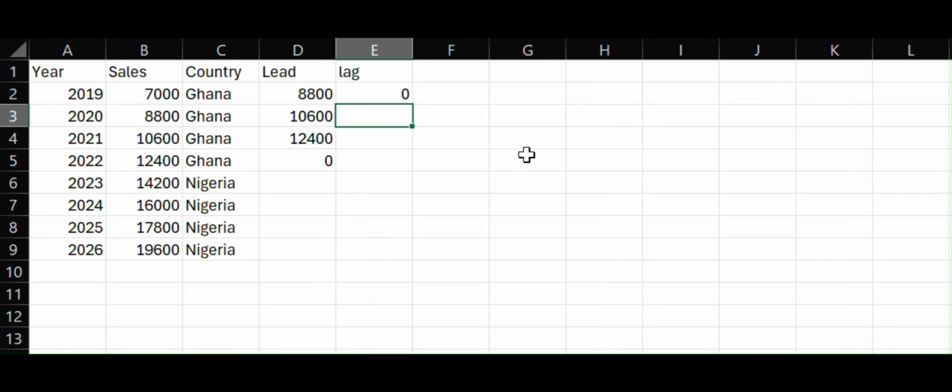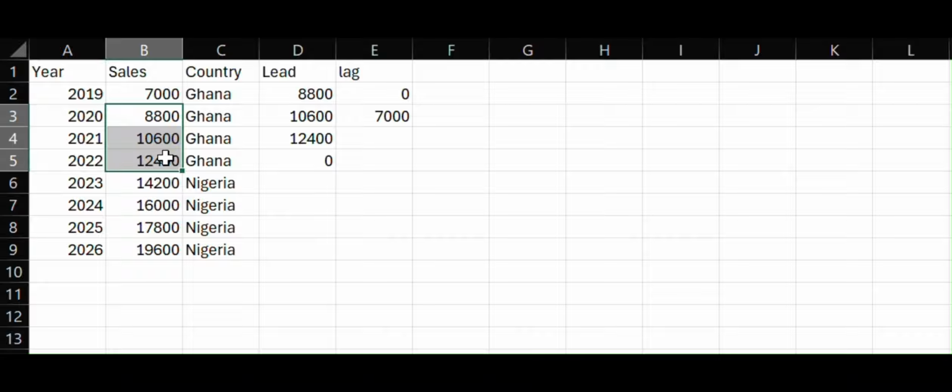Now looking at the lag for Ghana, we are now going to have the next value. So the value behind 8,800 is 7,000. So we are going to go ahead and write that down here. You can just go ahead and also copy this.